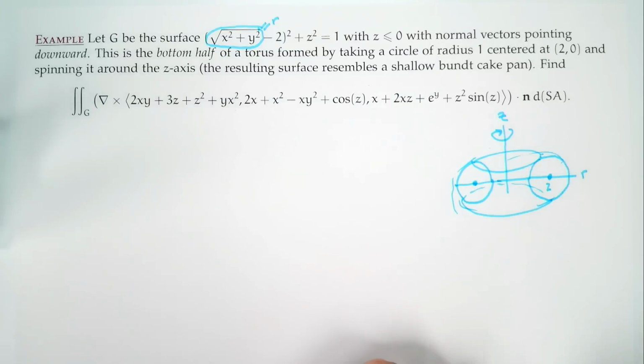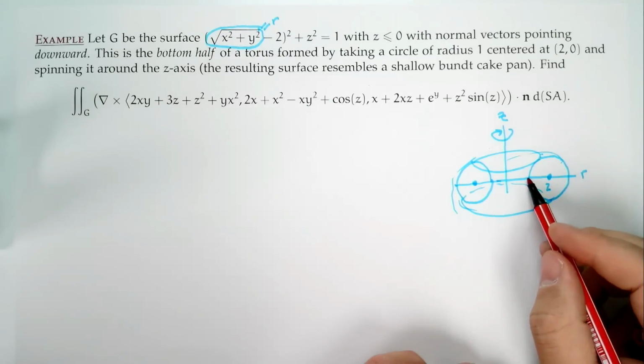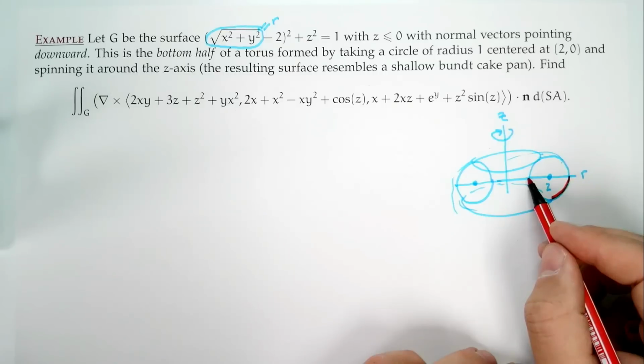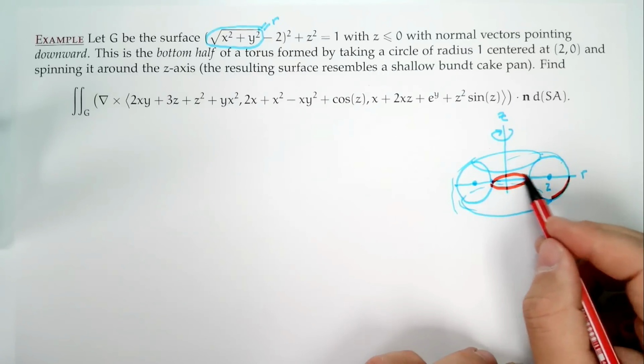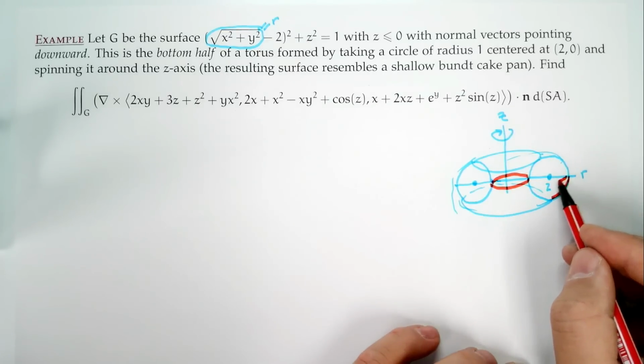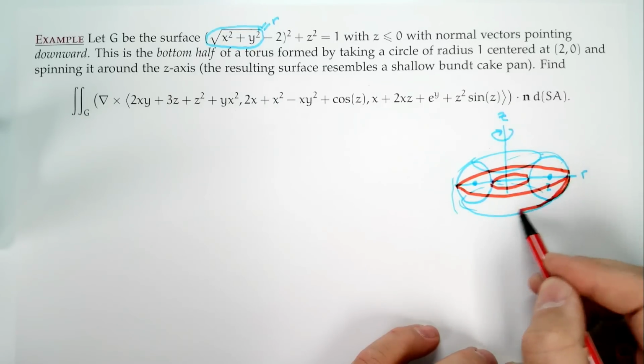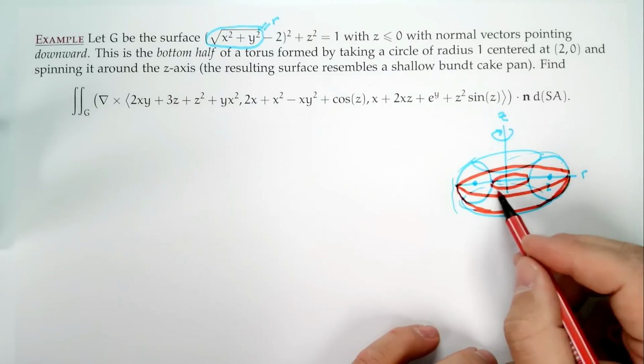All right. But there's more. We said, look, we don't want the whole torus, we want half the torus. So we're not really spinning the whole thing, we're going to spin half of it. So when you spin half of it, you end up with something that looks like this.